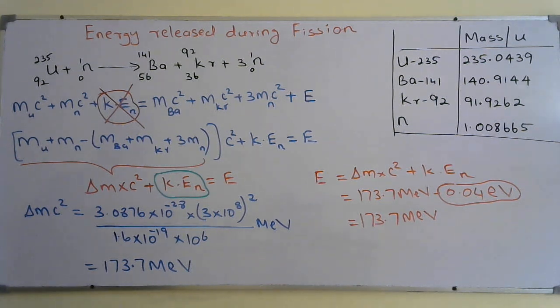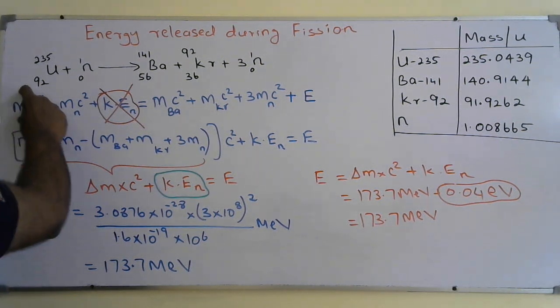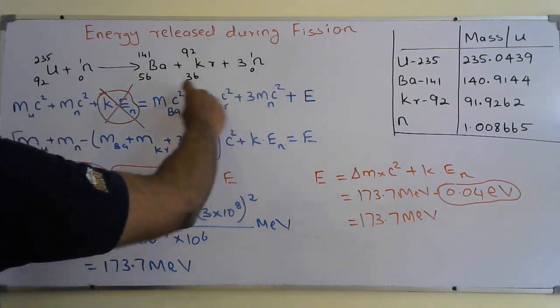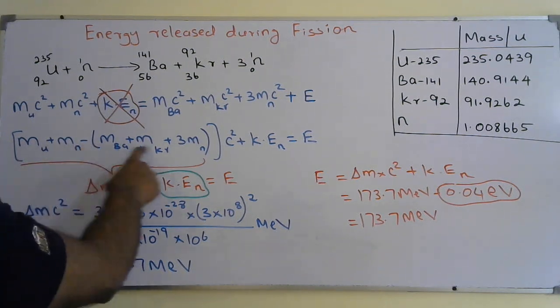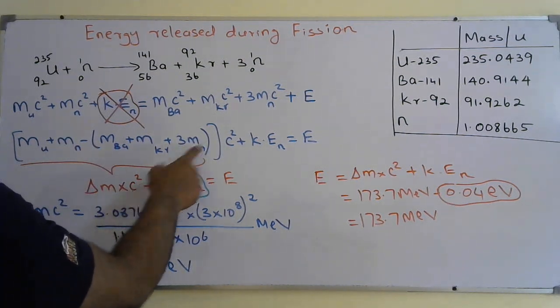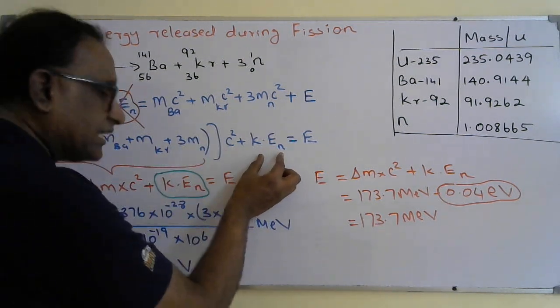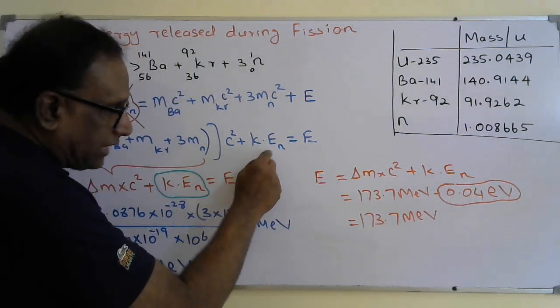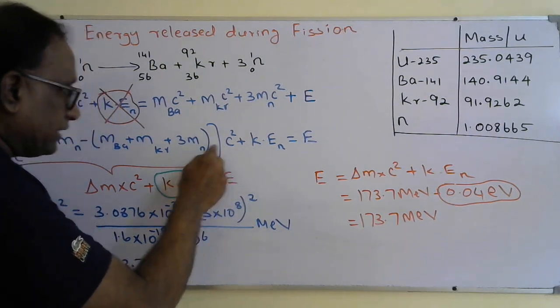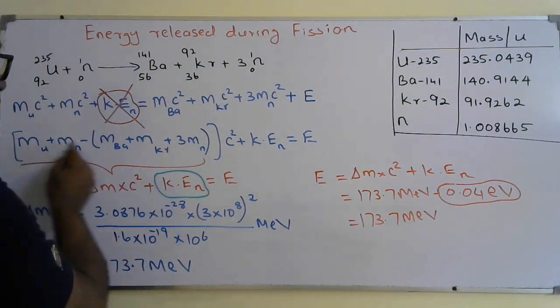Here also again I am telling you, it's not necessary to write the actual mass energy relationship. You can start directly from the mass deficit method, but in case they give the kinetic energy of the neutron, but normally they don't give it because it's very small, you have to add the kinetic energy of the neutron to the energy equivalent to mass deficit.